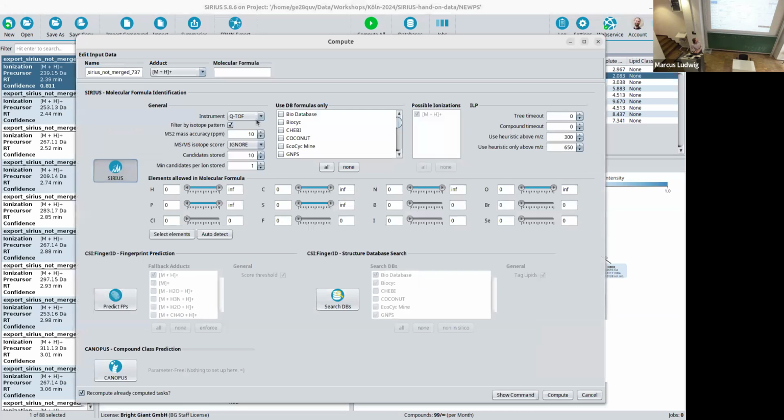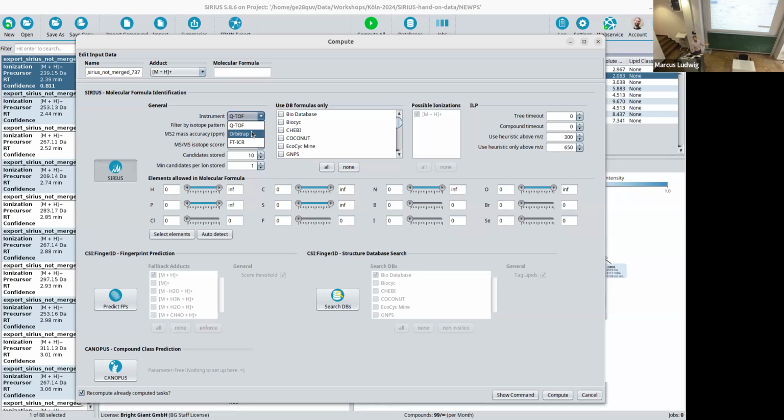So maybe one note on this parameter. This is basically the main thing. What it does is set the assumed mass deviation and some minor changes besides that. And I think we assume like QTOF 10 ppm, Orbitrap 5 ppm.